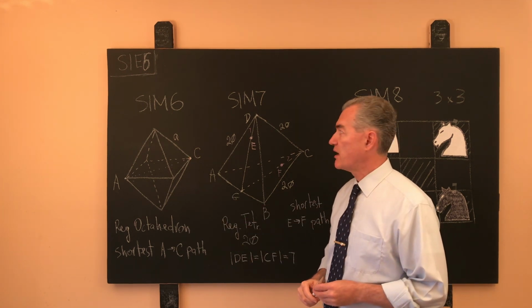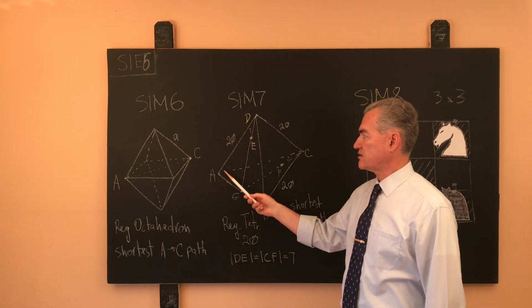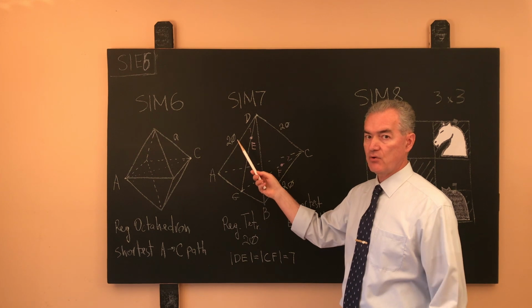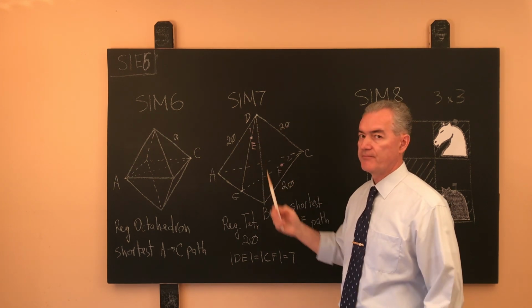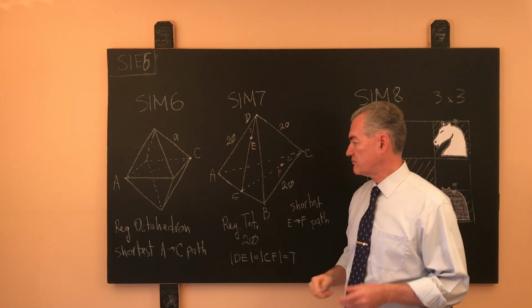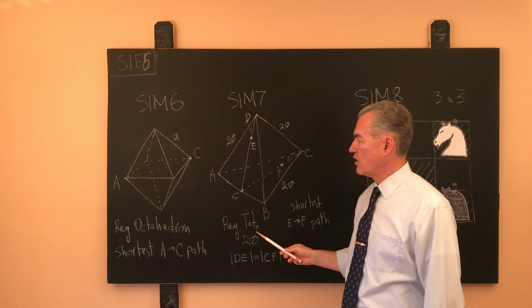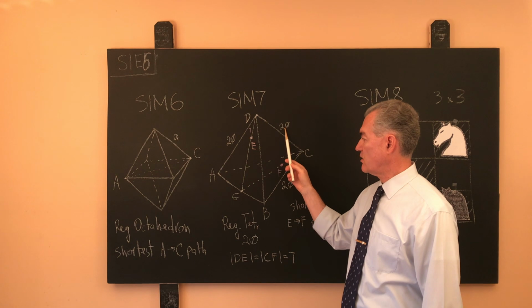In the problem S1M7, we're given not a generic length, but carefully, no doubt, dialed in numbers of 20 and 7. In particular, we're given a regular tetrahedron with the edge of length 20 units of length.